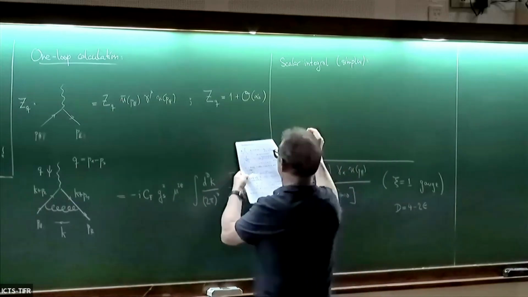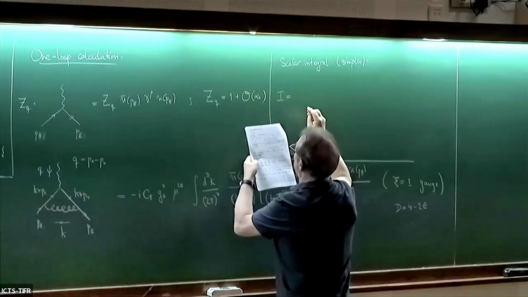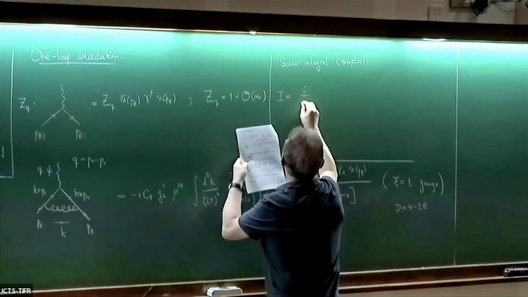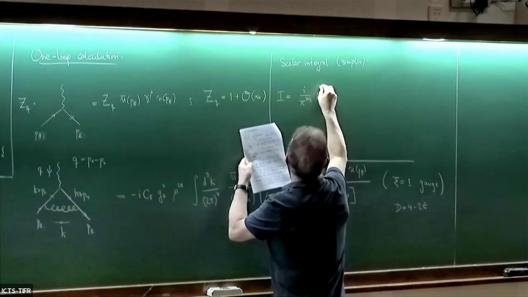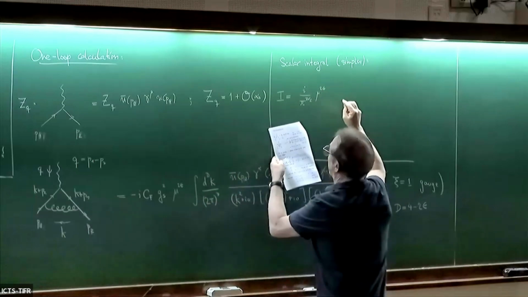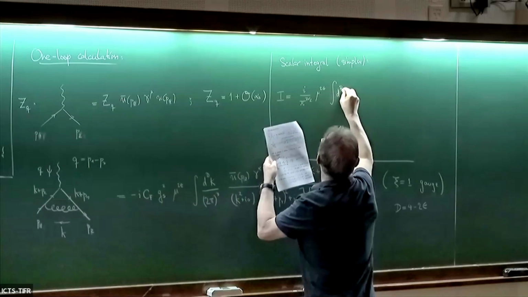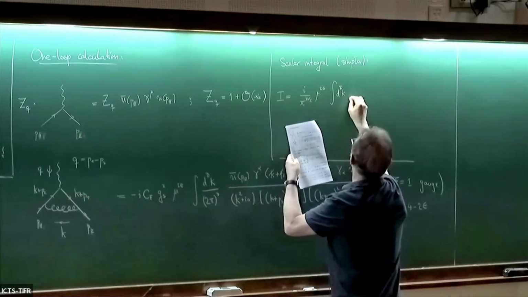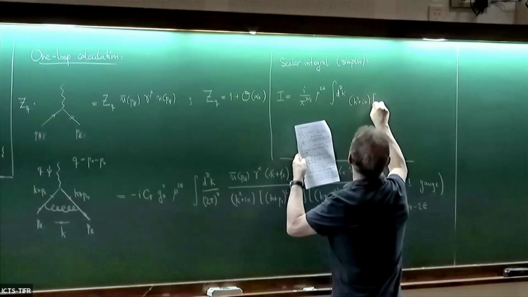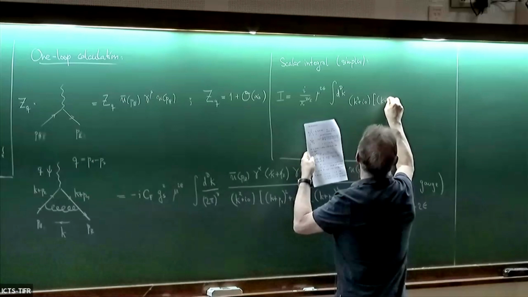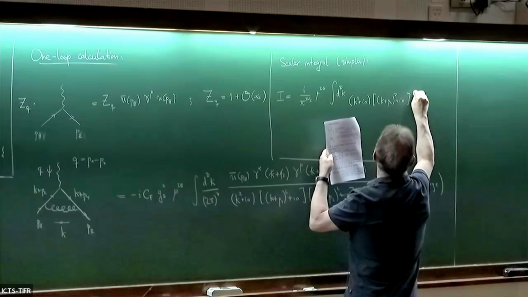And the integral I will study instead is the following. I add some prefactors here. I divide by pi to the power d over 2, mu to the 2 epsilon, and now integral d^d k. Same denominators, so k square plus i epsilon, (k plus p1) squared plus i0, (k plus p2) squared.